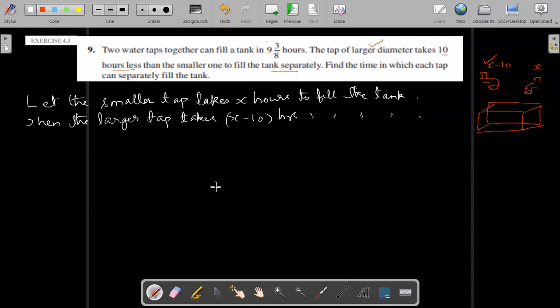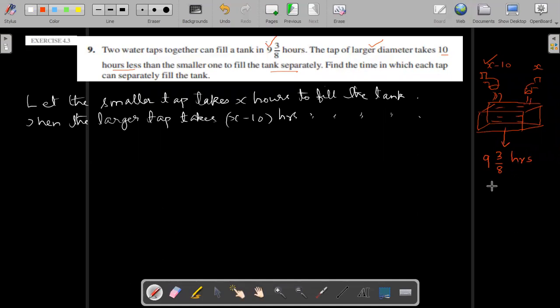This should be the starting point. Now the question is, if two water taps together fill the tank, if both are used together, this whole tank will be filled in 9 whole number 3 by 8 hours.